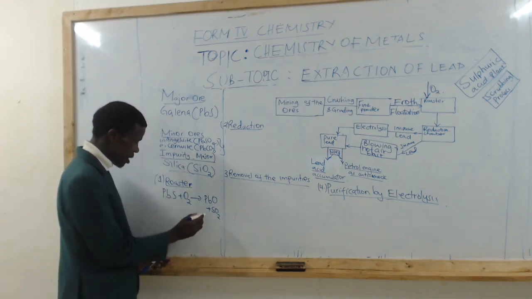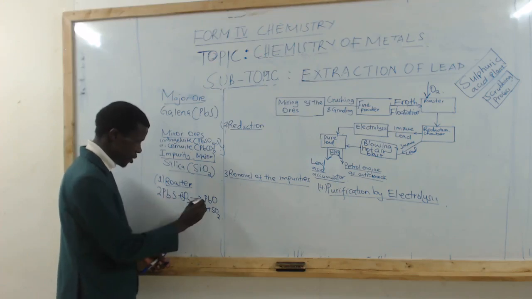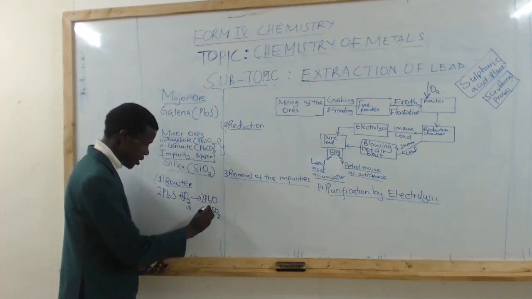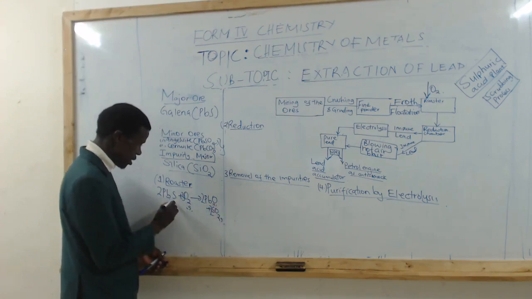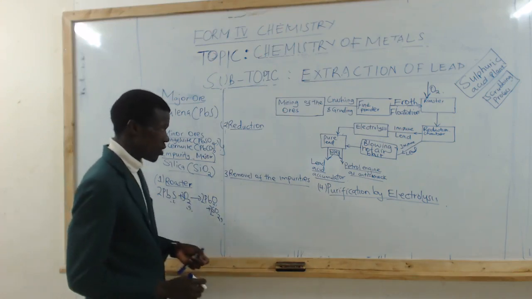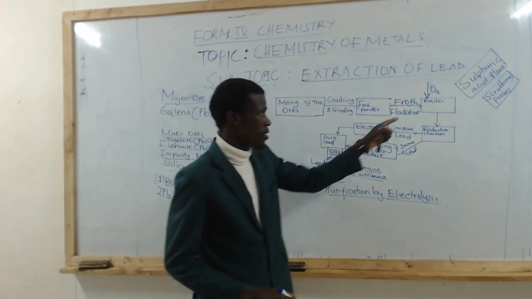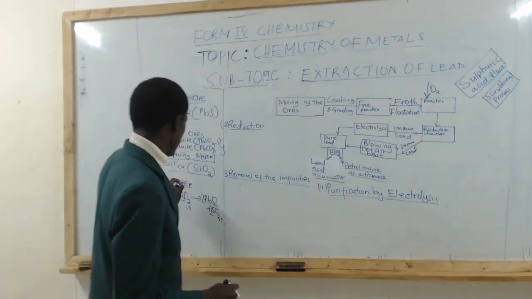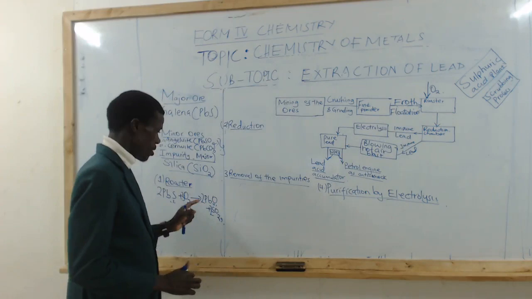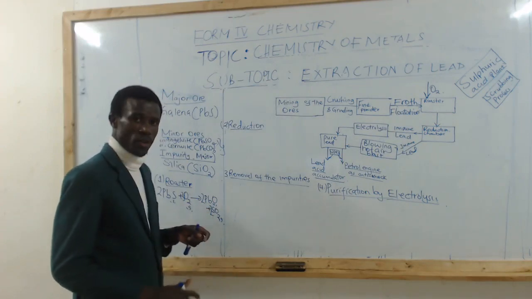We can balance it by having 3 here, then 2, then 2, and then 2. A solid, a gas, a solid, and a gas. So in the roaster, the ore is roasted to form lead oxide and sulfur oxide.